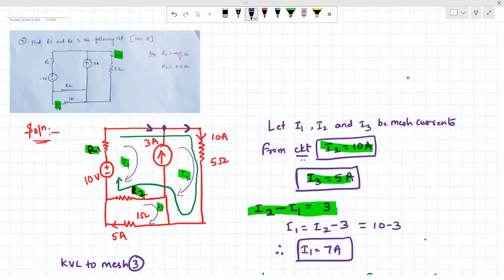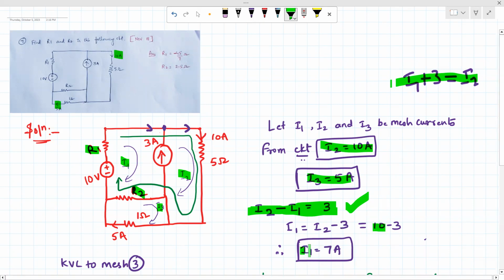So incoming I1 plus 3 amps is equal to outgoing, which is I2. By rearranging, this can be written as I2 minus I1 equals 3. I2 we know is 10, so substituting 10, we get the value of I1 as 7 amps.